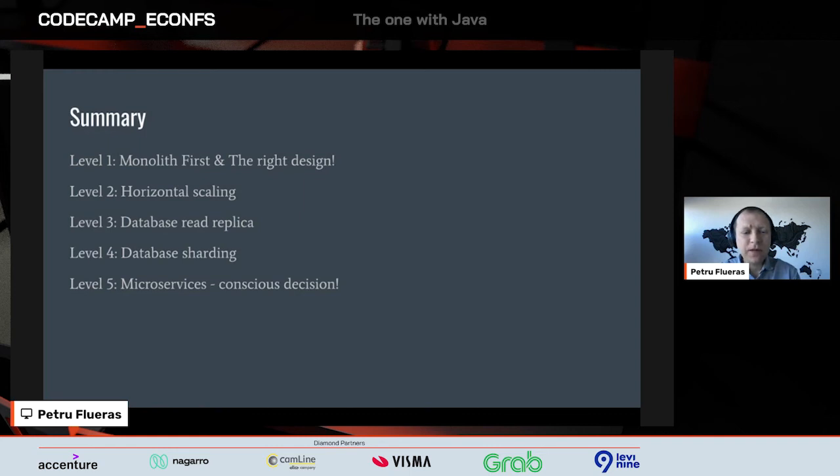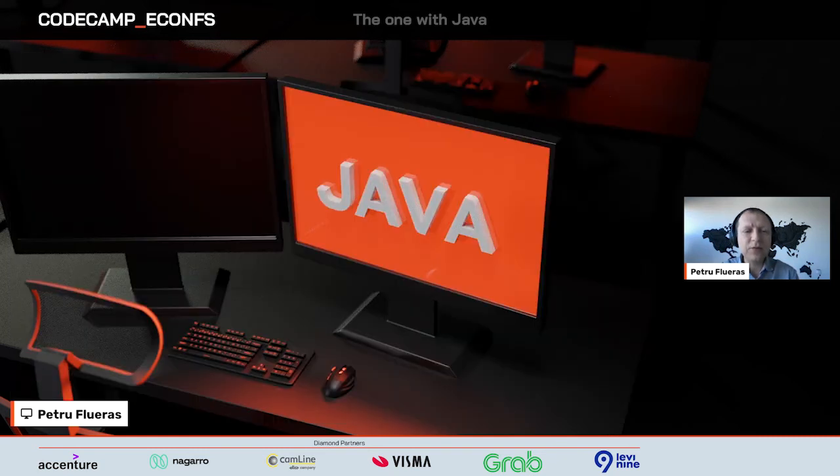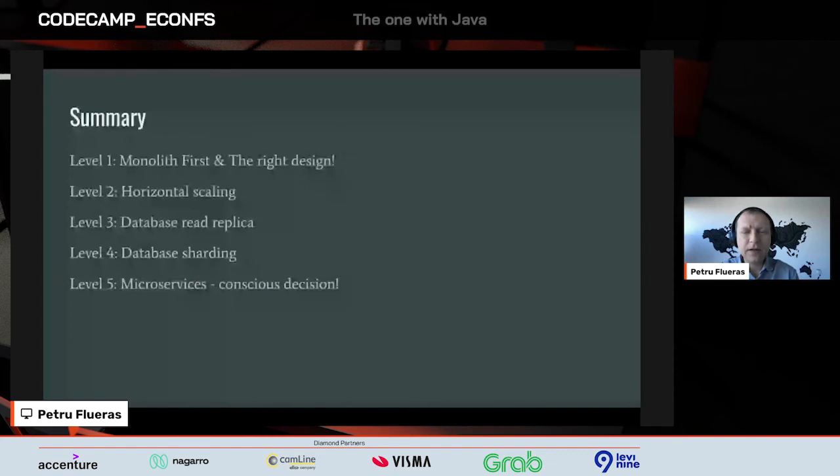In my company, we are at level 4. And I can tell you the horizontal scaling and the database read replicas bought us some years of bringing new customers into our product, and it's running fine.